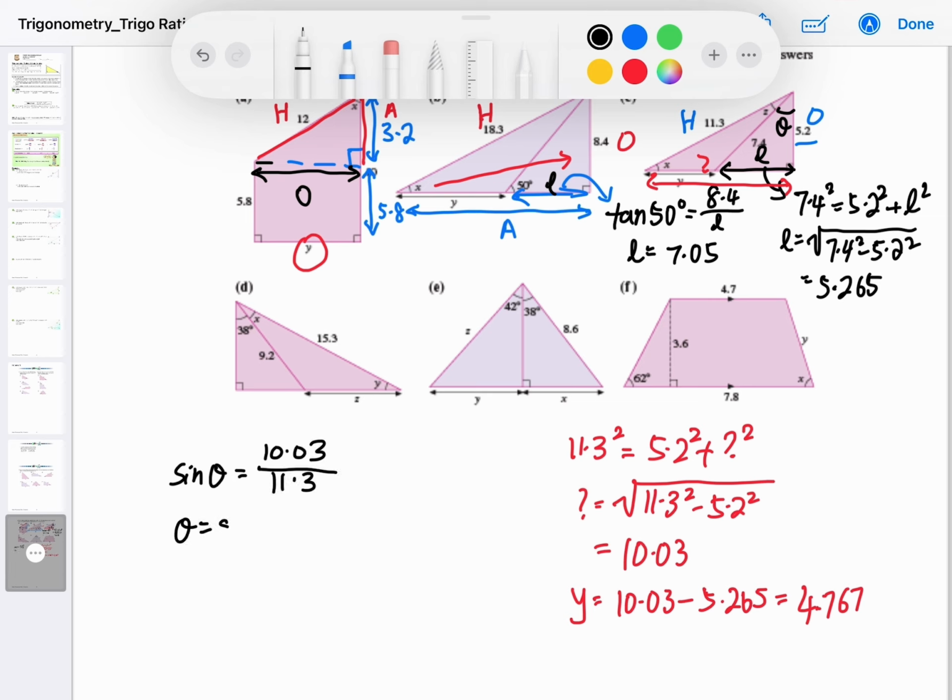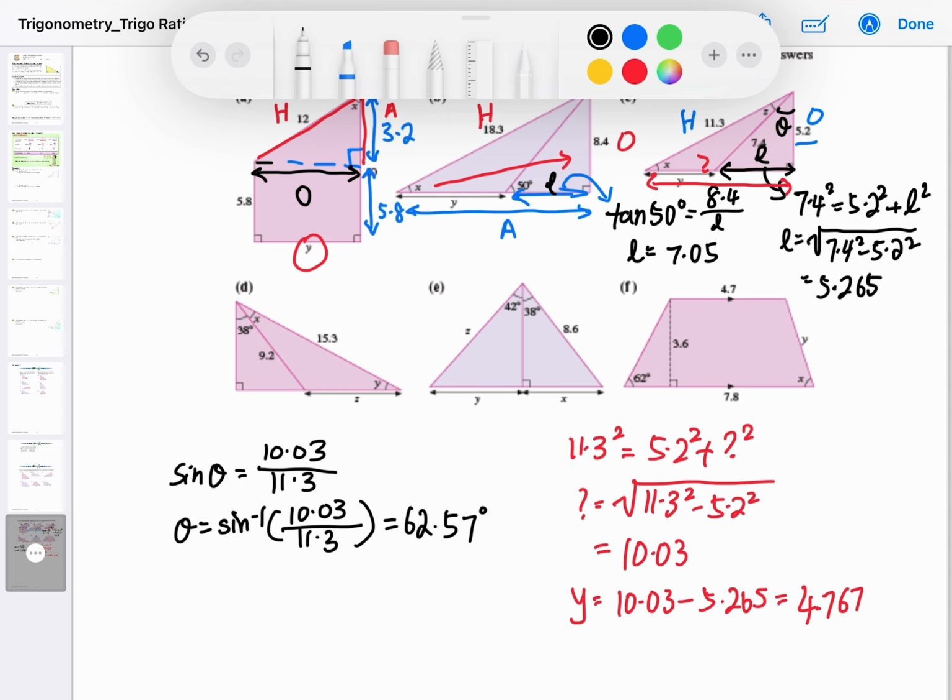So theta equals sine inverse 10.03 divided by 11.3, which is 62.57 degrees.